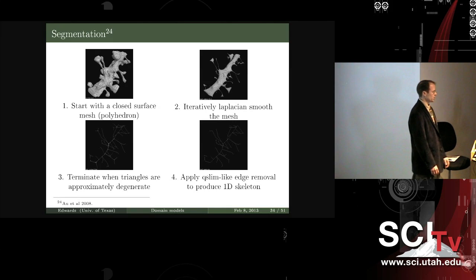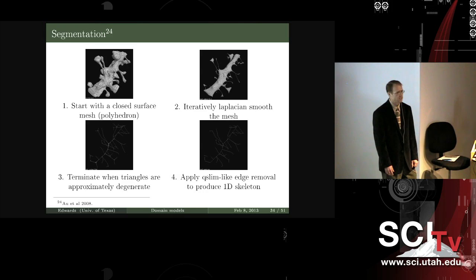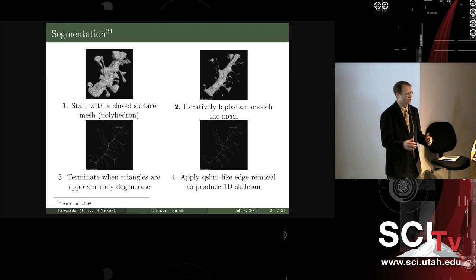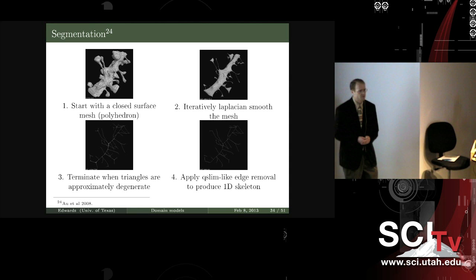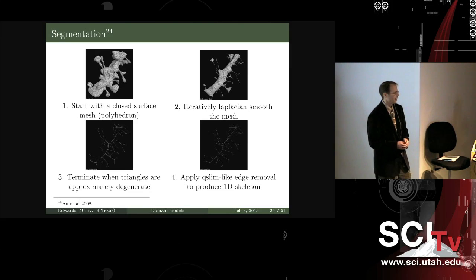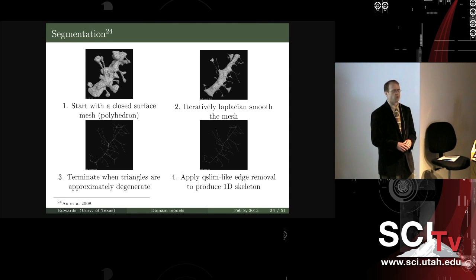So we take an approach taken from a paper out of SIGGRAPH in 2008 that was actually done for skeletonization. And so you start with a closed polyhedron, closed surface, iteratively Laplacian smooth it until the triangles are roughly degenerate, and then apply an edge removal algorithm to come up with a 1D model.